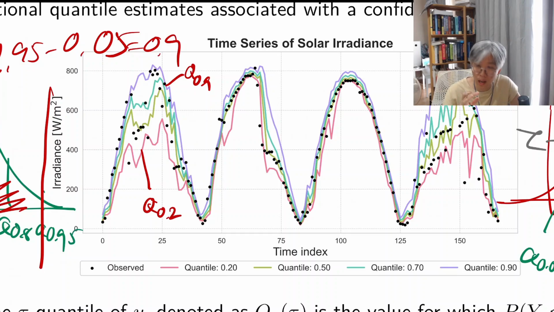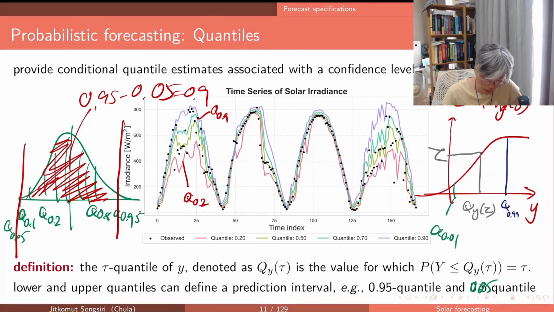If you know the two quantiles, you know that the area between these two values takes the probability of 0.8. So you have a significance level of 0.8 to give you the uncertainty information. With the probability of 0.8, my forecast can lie within these two bounds. Okay, so this is a problem of developing the quantile estimate, and it is under the framework of probabilistic forecasting.